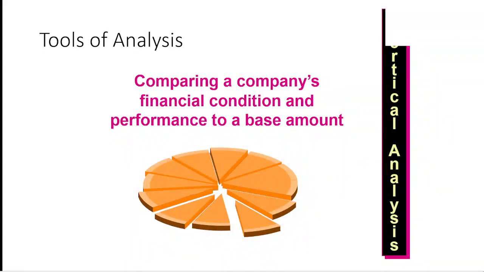So how do we know how effective we are in terms of marketing spend? The easiest way is to look at it as a percentage of revenue. So we will compare our marketing spend versus our revenue, and the competitor's marketing spend against their revenue, and we'll see whether the percentage which comes out is making sense or not. So that's called vertical analysis.